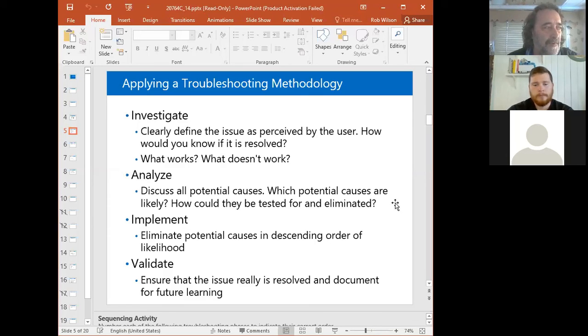And once you've investigated and you've got your usual suspects, your possible suspects, then you need to record them and basically tick them off in an organized fashion. If there's a dozen possible things, right, it's really important to keep track of what you've tested and what you haven't tested. And it's also important, if you start implementing the fixes and changes, that you do so in an orderly fashion.